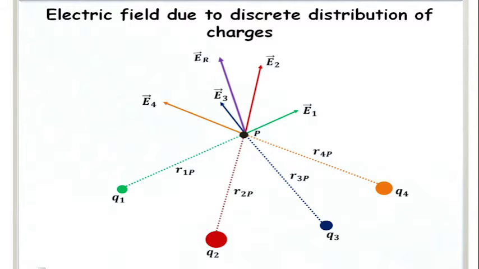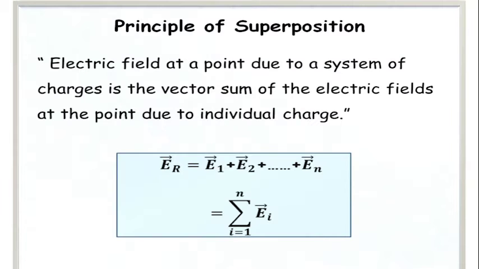Now, when all the electric fields are superposed, we get a resultant electric field ER by drawing a parallelogram law. So what is the resultant electric field? By using the principle of superposition. Let us know what the principle of superposition says. The principle of superposition says the electric field at a point due to a system of charges is the vector sum of the electric fields at the point due to the individual charges.